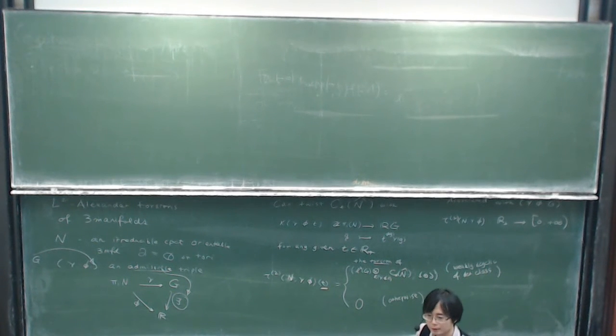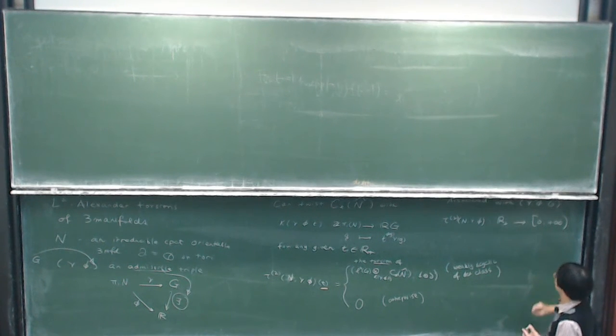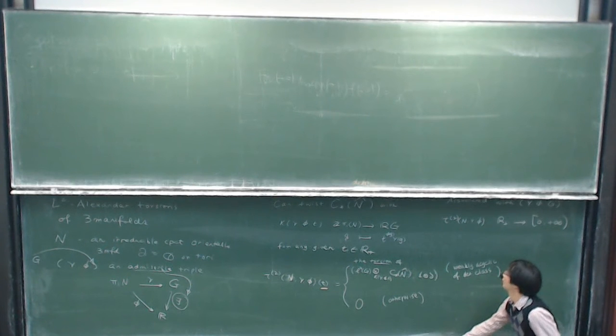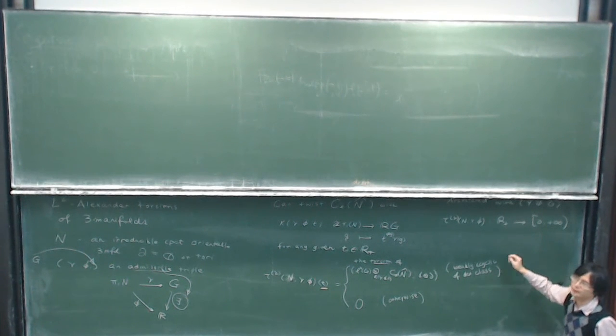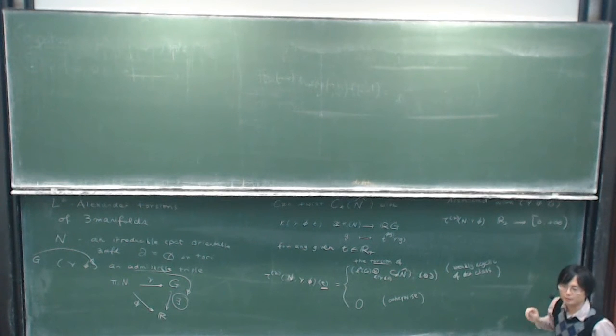You can actually show that the actual value all lies in positive numbers, and it just avoids 0. Or if it's 0 somewhere, then it's 0 everywhere. That's what we try to see.